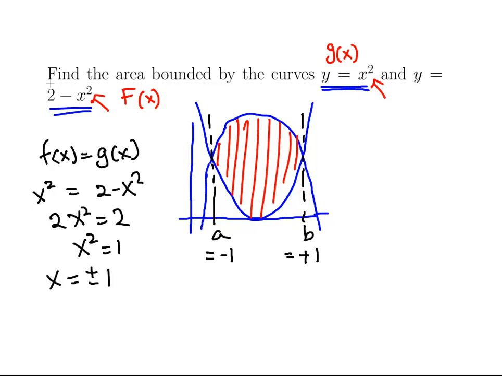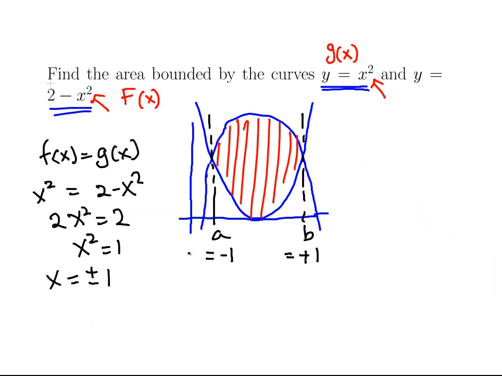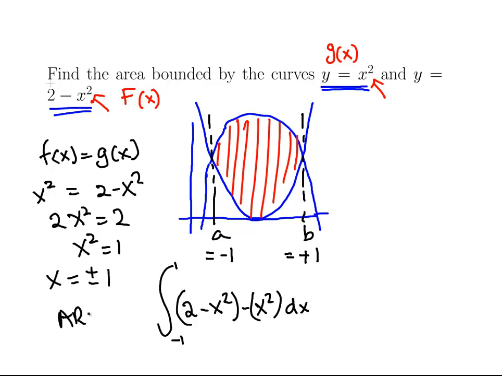Let's go back to our formula here: f of x minus g of x. So f of x here is 2 minus x squared, minus g of x, which is x squared. The integral from minus 1 to 1 dx. That's essentially the area we're looking for, the area of the shaded region.